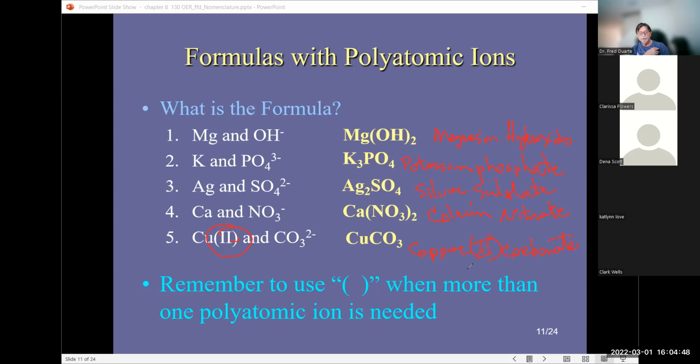Now, when you put the Roman numerals, it does make a difference if there's no space after the last letter of the word, in this case, copper. If you write it with no space or with a space and Canvas marks it wrong, let me know and I'll get it fixed, because we're trying to teach, Canvas is definitely not AI technology.